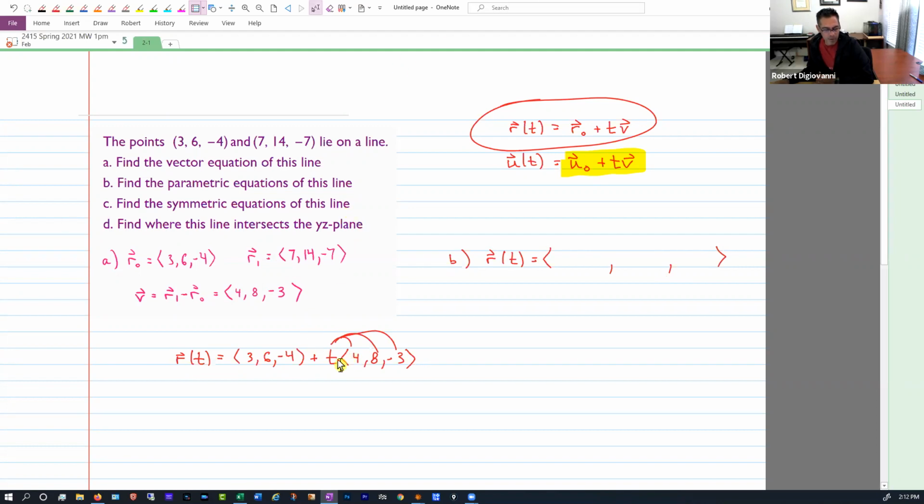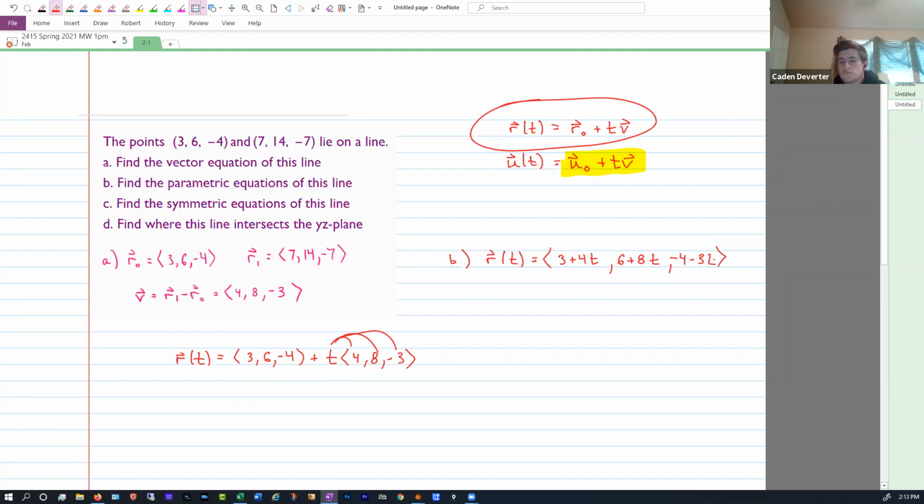So distribute your t through and then join that piece with this piece. So what would you get? That'll be the direction vector. Okay, x equals 3 plus 4t, y equals 6 plus 8t, and z equals negative 4 minus 3t.